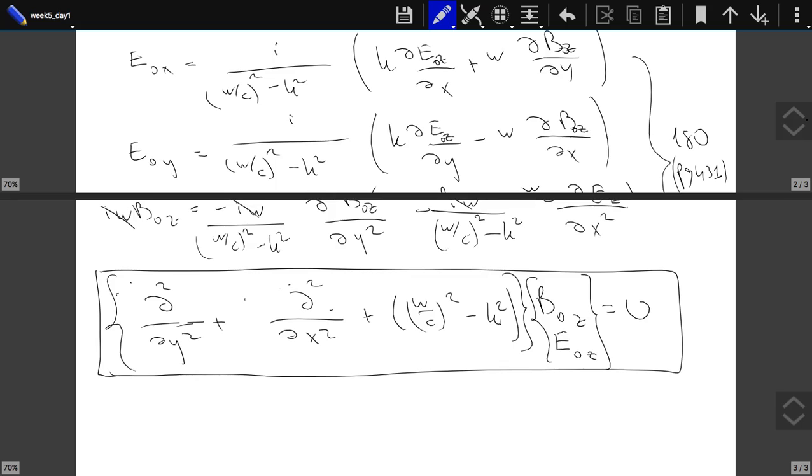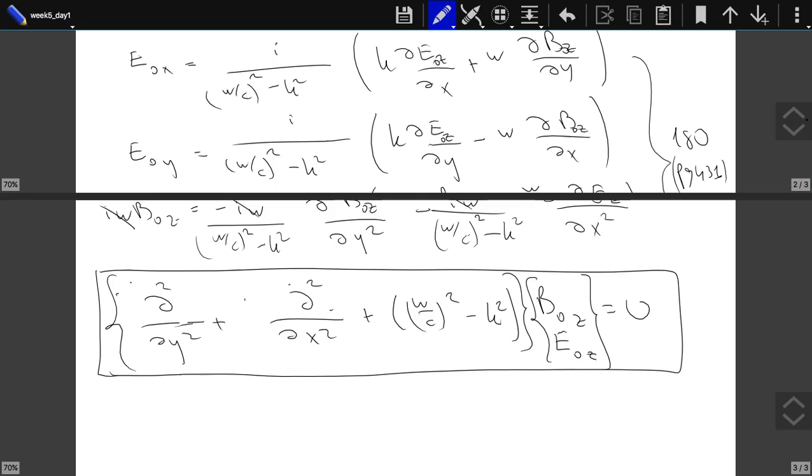So if the z components are 0, just like in the infinite plane wave, still we can have E0x and E0y non-zero only if k is equal to omega over c. Well, that was the condition we had derived also for monochromatic plane waves. Basically, they are consistent. The frameworks that we are working on are consistent with each other.